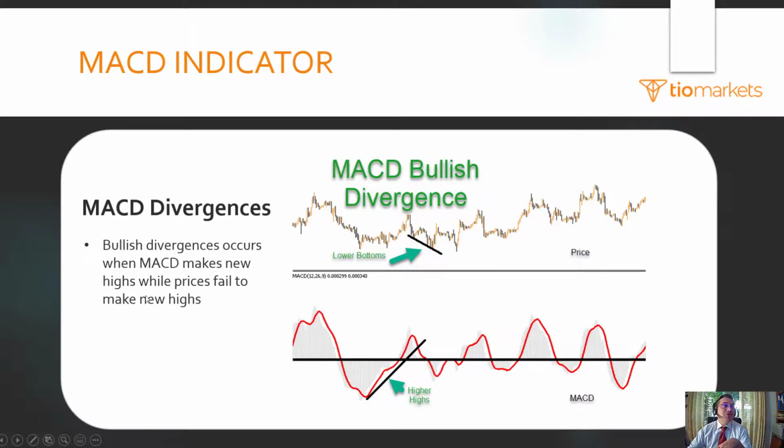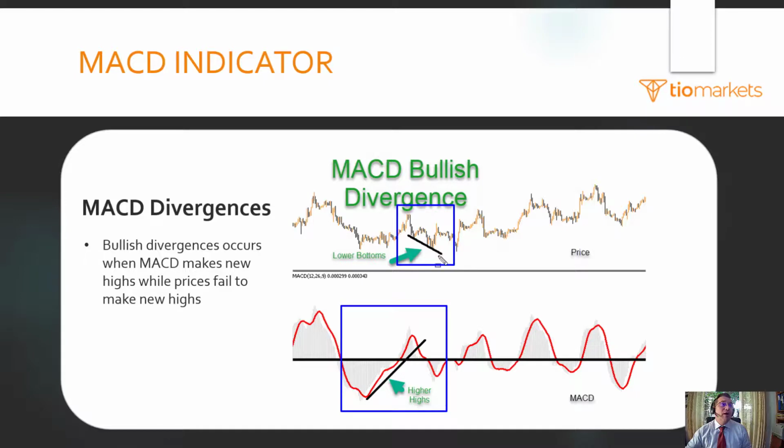So here we go. This is a MACD bullish divergence. A bullish divergence occurs when the MACD makes a new high while prices fail to make a new high here.